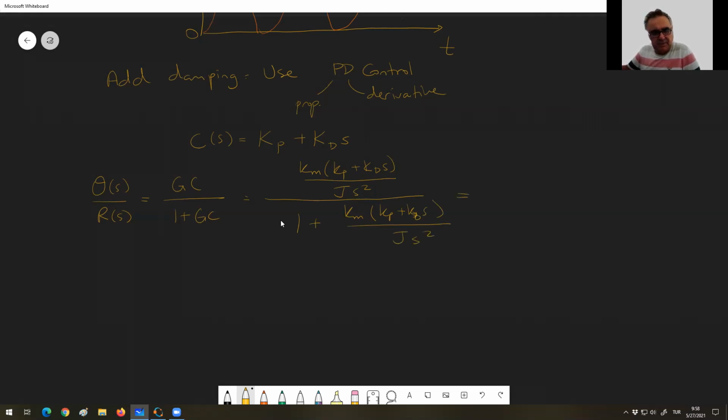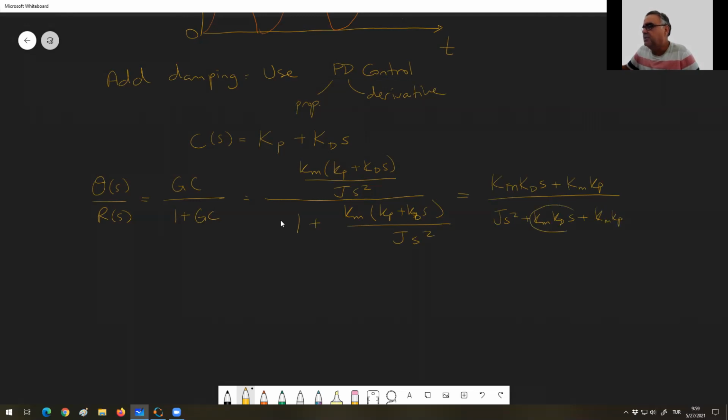If you simplify it, you get Km Kds plus Km Kp divided by Js squared plus Km Kds plus Km Kp.